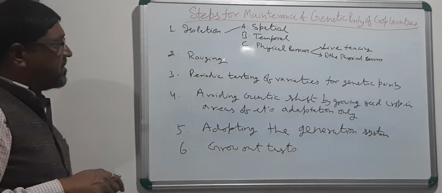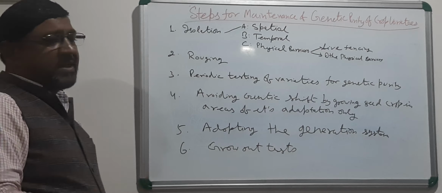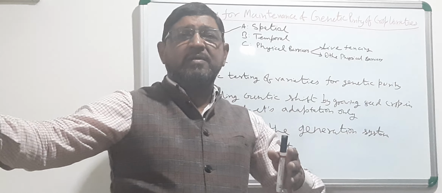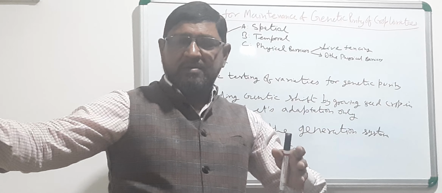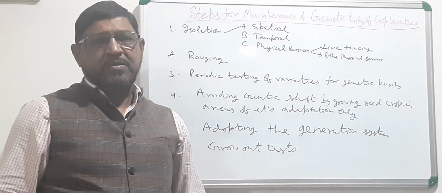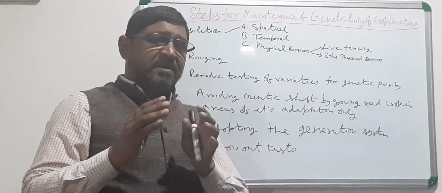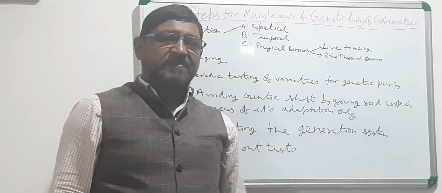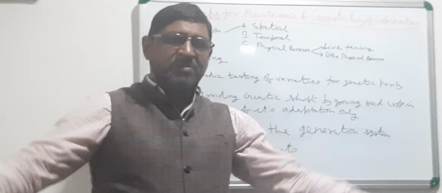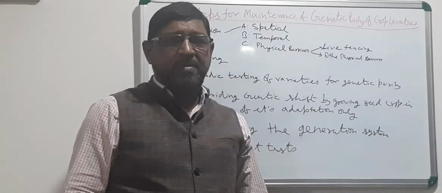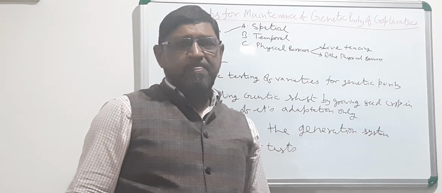If you talk about spatial isolation, this is separating your seed field by growing it with distance. That is called isolation distance, the spatial space difference between the seed crop and the other varieties of the same crop.